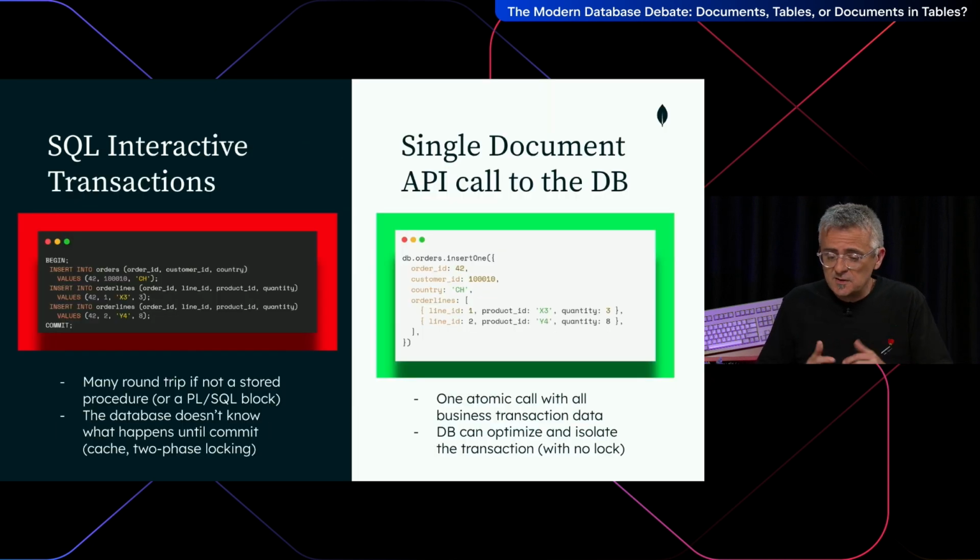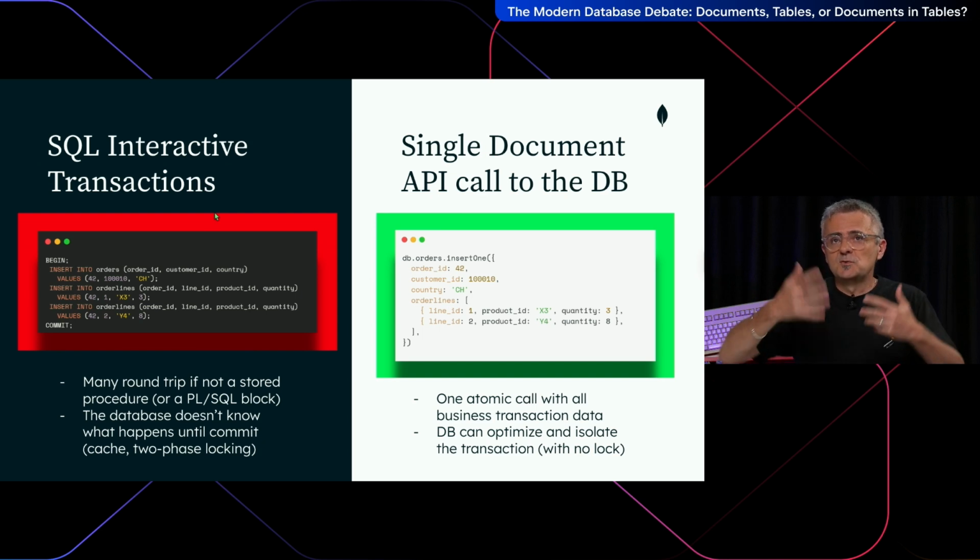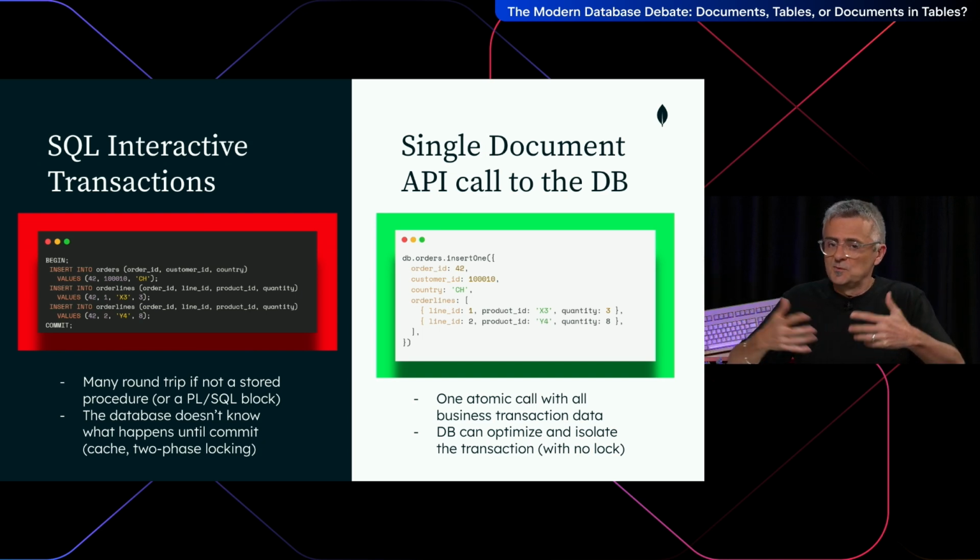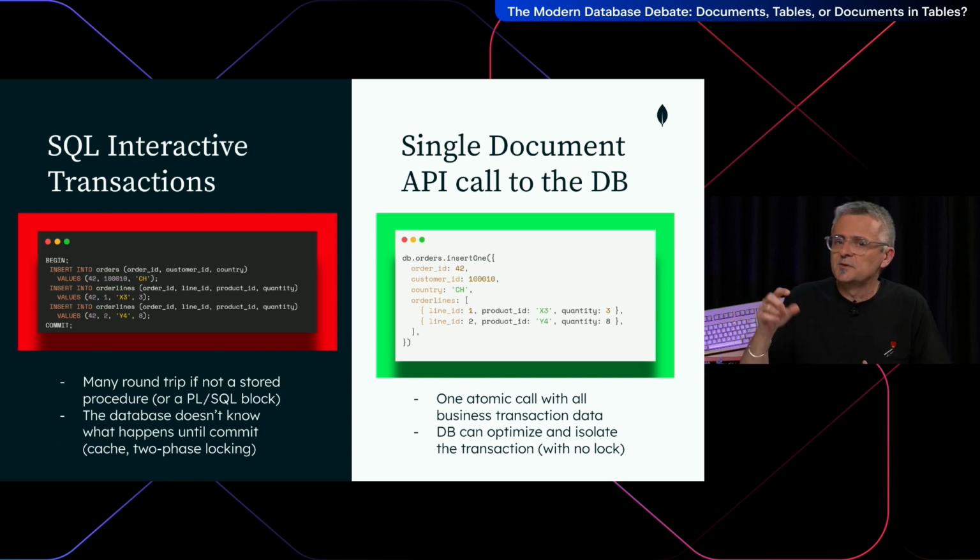Also, the way we interact with the database is very different. In a SQL database, the idea is that you have multiple tables, because you have normalized, but one SQL statement, one insert, goes only to one table. So if you have a business transaction, it will be one transaction to be atomic, but this transaction will have multiple statements.